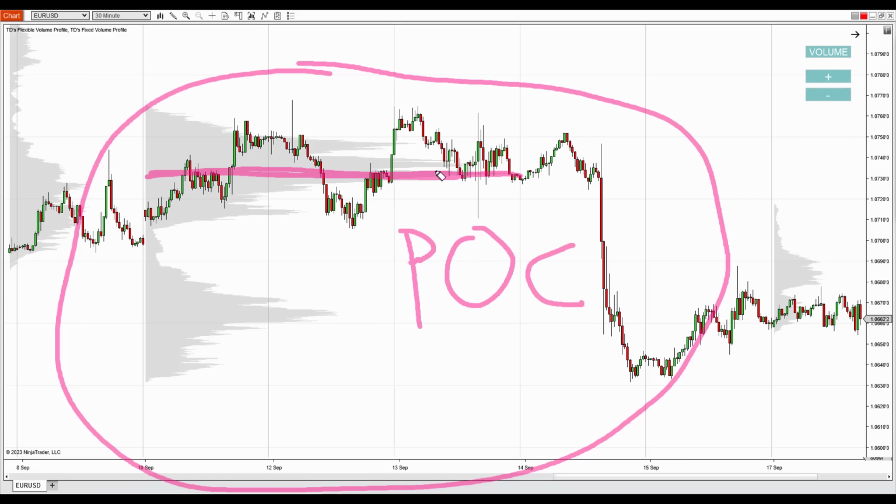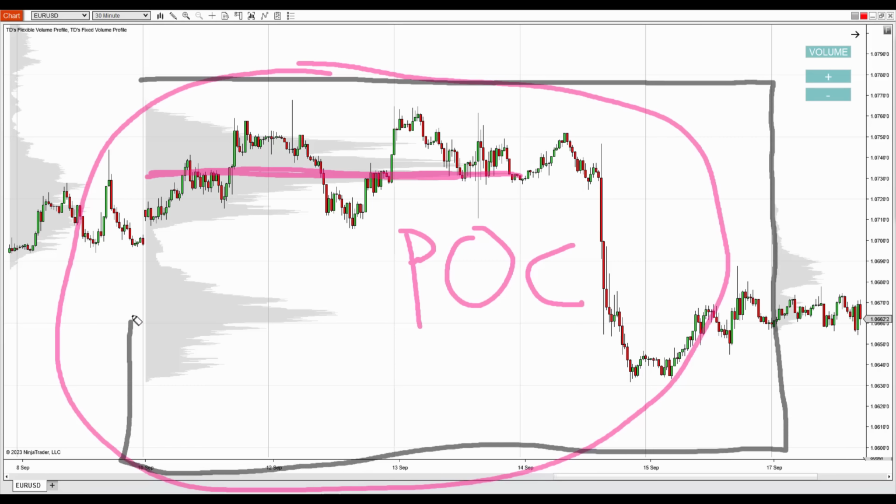In this case, because this volume profile is a weekly volume profile, it shows volume distribution over the whole previous week. It is a weekly point of control. Super important zone, because the heaviest volumes throughout the whole previous week were traded there, right?